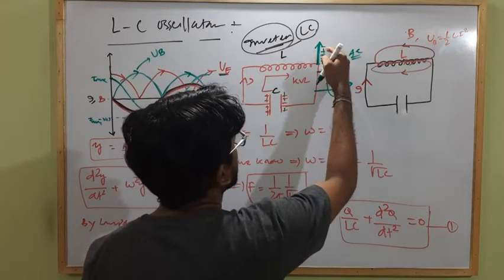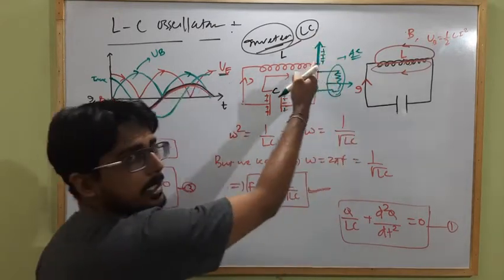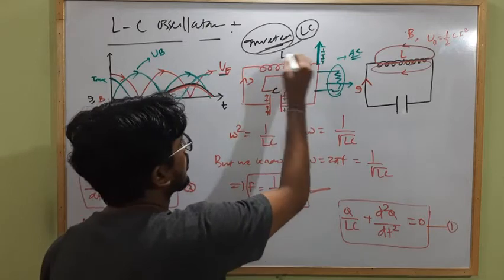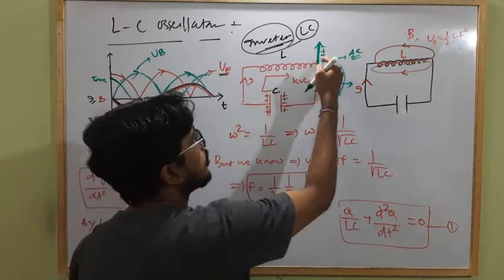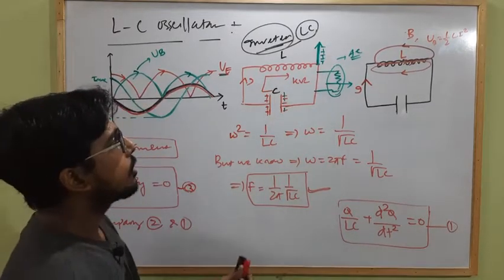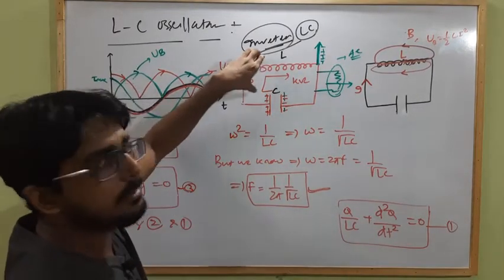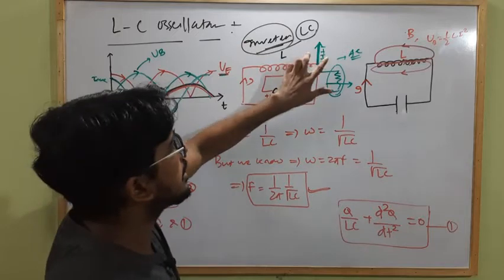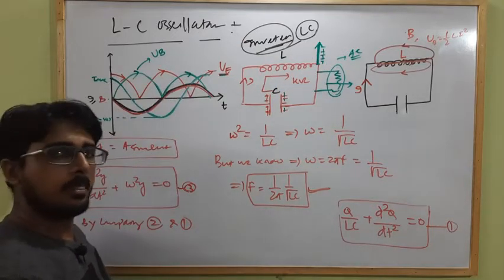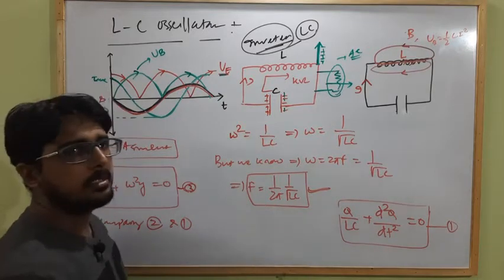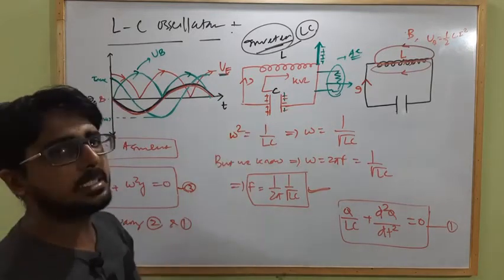Accordingly it can produce an electric field, and when the inductor is charged it can produce a magnetic field. So due to the combination of both electric field and magnetic field, this antenna can release electromagnetic waves. Okay, because we know an electromagnetic wave is a combination of both electric and magnetic field.